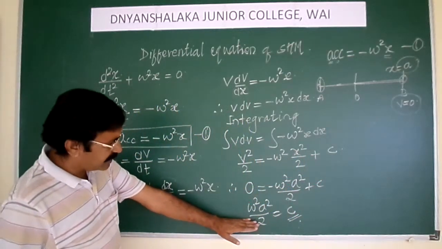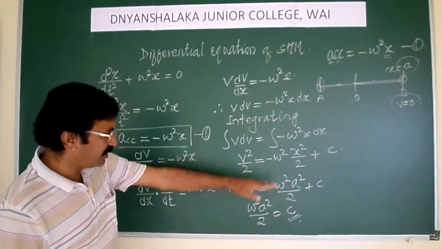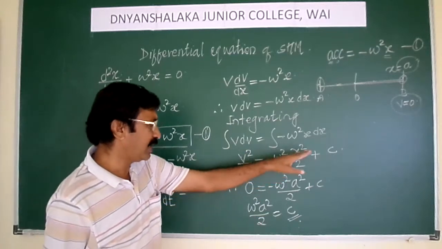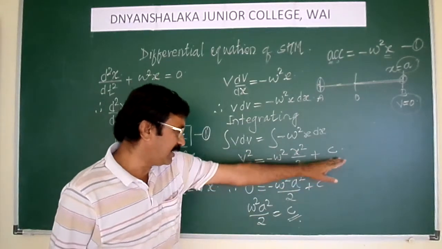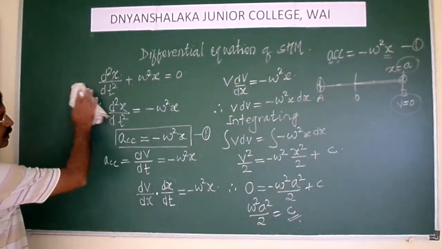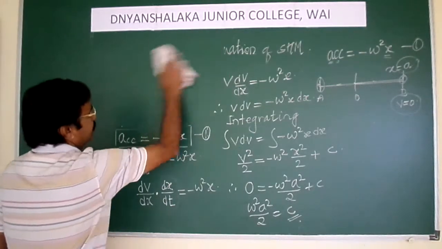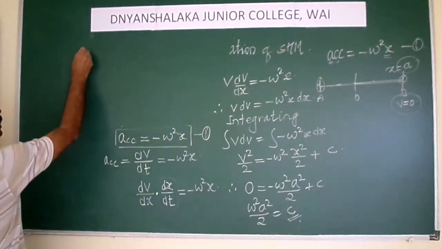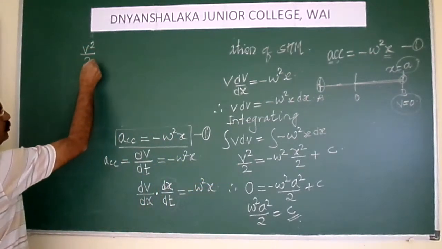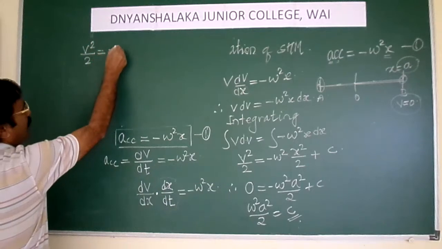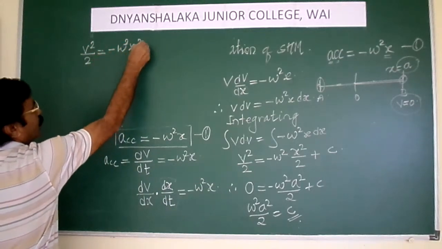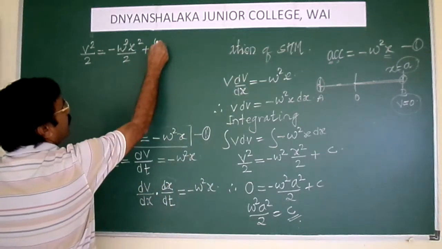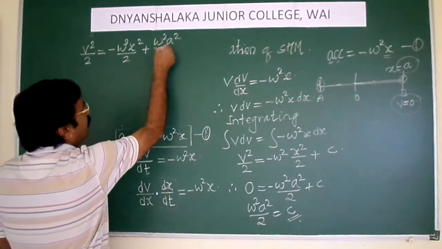If we substitute this value in the equation v square upon 2 is equal to minus omega square x square upon 2 plus c, we get v square upon 2 is equal to minus omega square x square upon 2 plus omega square A square upon 2.